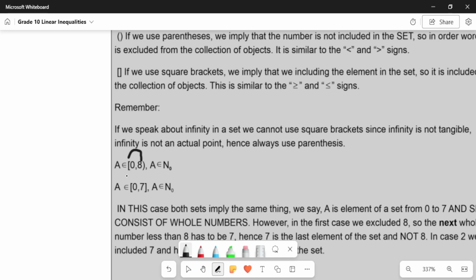For example, what this means now is that A is an element of the set from 0 to 7, not 8, to 7, because it's not including it. See, the parenthesis implies that we are not including whatever number comes before it.